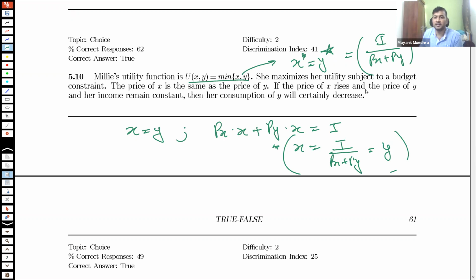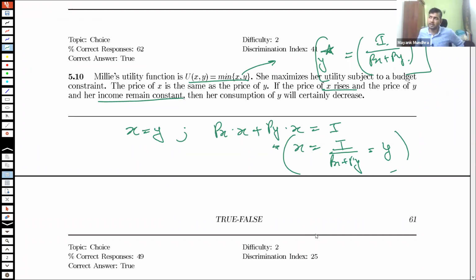Now, if the price of x rises and the price of y and income remain constant, just focus on this bit now. Forget what's happening to x. Even if the price of x is rising and the price of y is constant, her consumption of y will reduce, which is very normal, right?